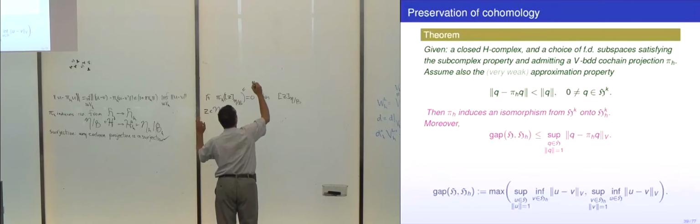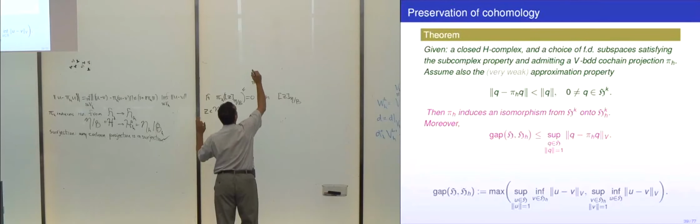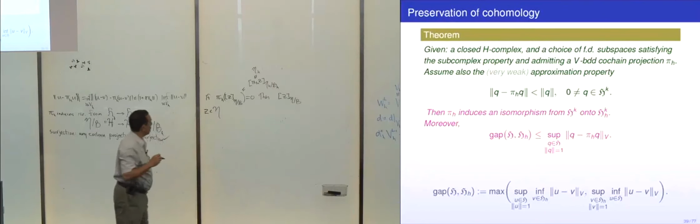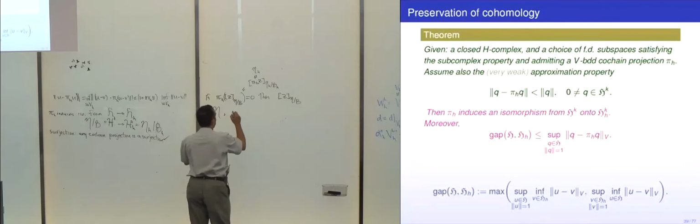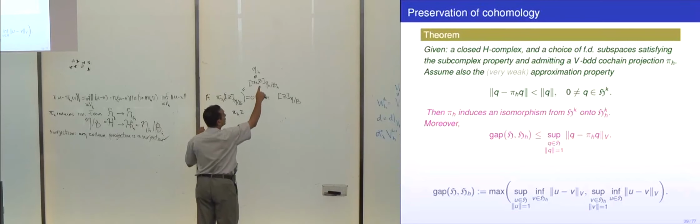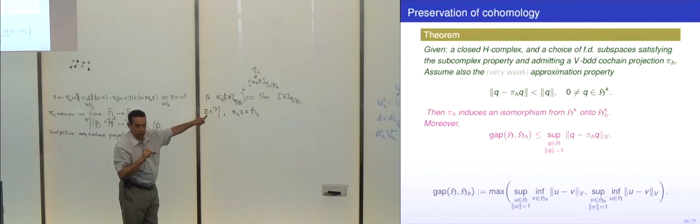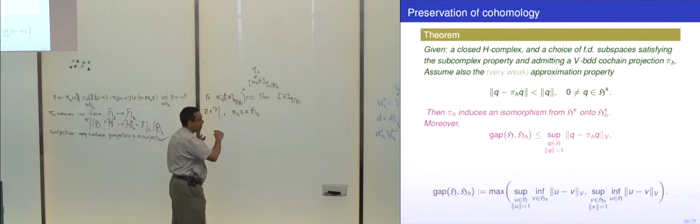You take pi Z, and that's a cycle in ZH, and you take its equivalence class in ZH mod BH, and we're assuming that's 0. So we take a Z in Z with the property that pi Z is 0 in ZH mod BH, so that means pi Z is in BH. And what we have to prove is that Z is in B. We have to prove the original Z is in B, so the original equivalence class is 0.